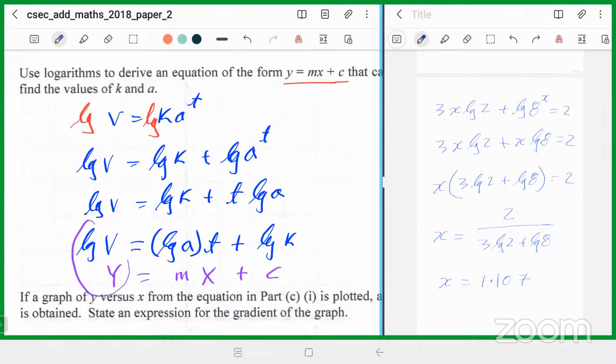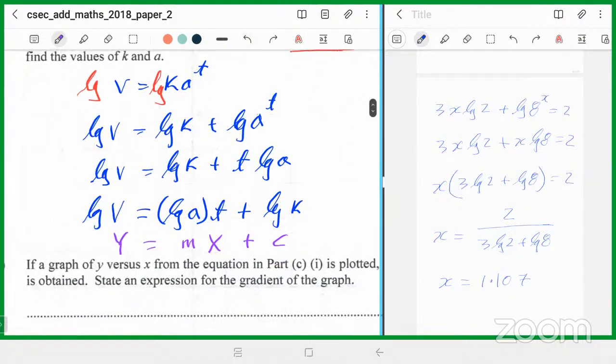So all of this would be my y, this would be my x, this would be my m, my gradient, this would be my c. So based on that, if I draw a graph of log v against t, it's going to produce a straight line where this becomes my gradient, my m. And this is my y-axis intercept. But understand that?